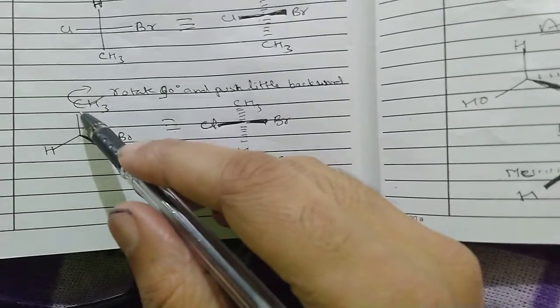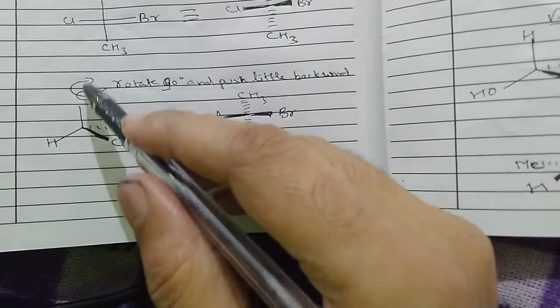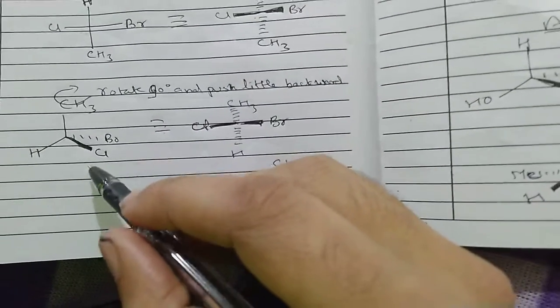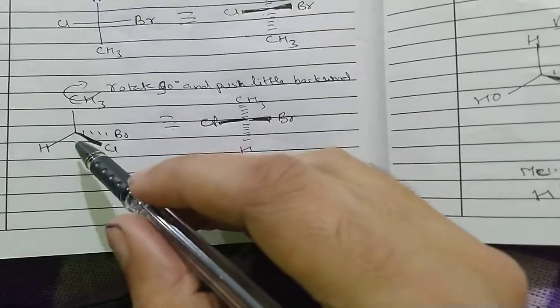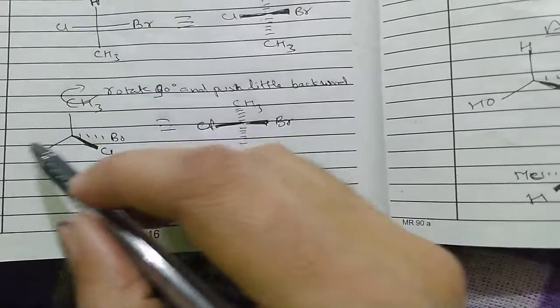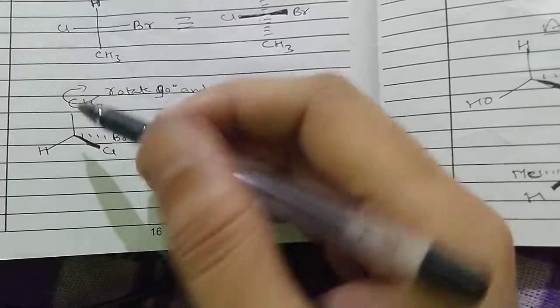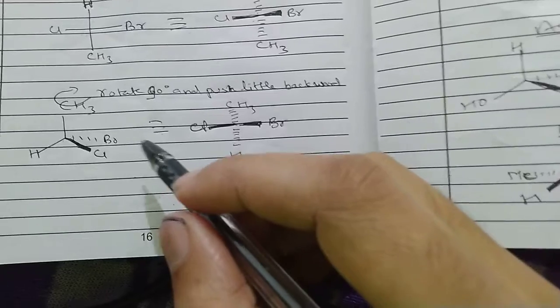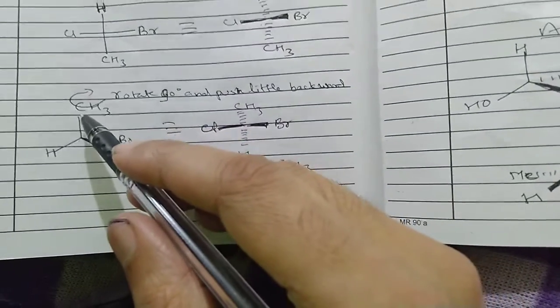That means these two which are in the plane go in the vertical line, so they go away from the viewer. And these two substituents, one toward the viewer and one away, go in the horizontal line, so they are towards the viewer. Very, very important.